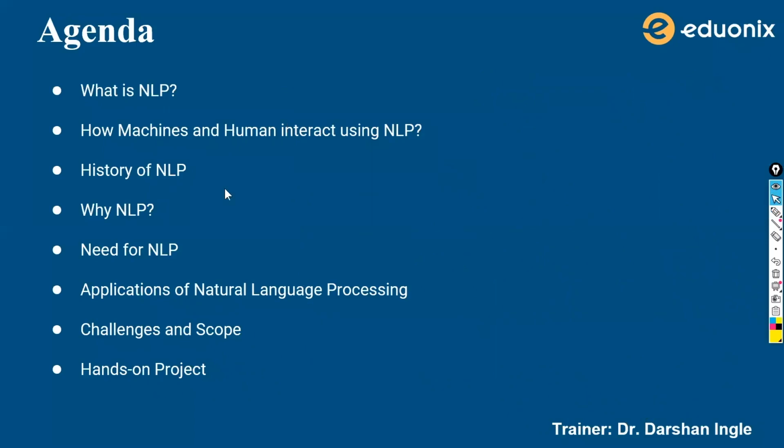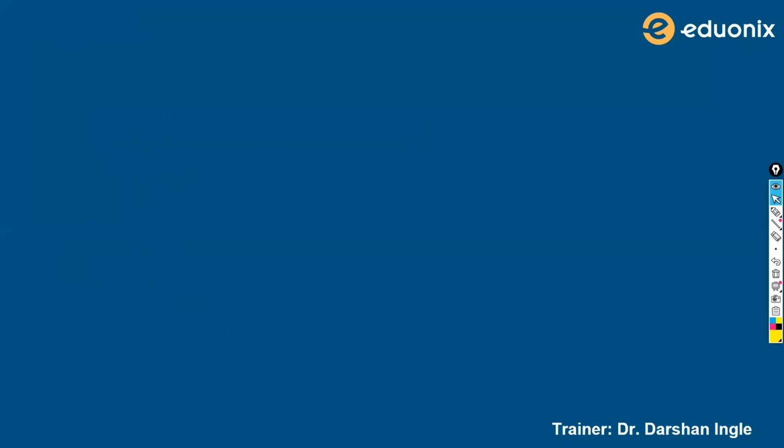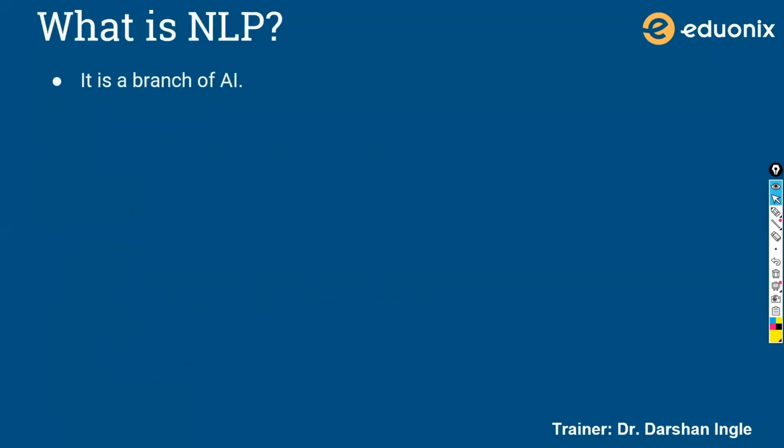Okay, so let me start with natural language processing. So what is basically natural language processing? First and foremost, it is a branch of artificial intelligence, and it helps the machines to deal with human languages. So when you are talking to a machine, you will be talking in normal English or any regional language which you want.